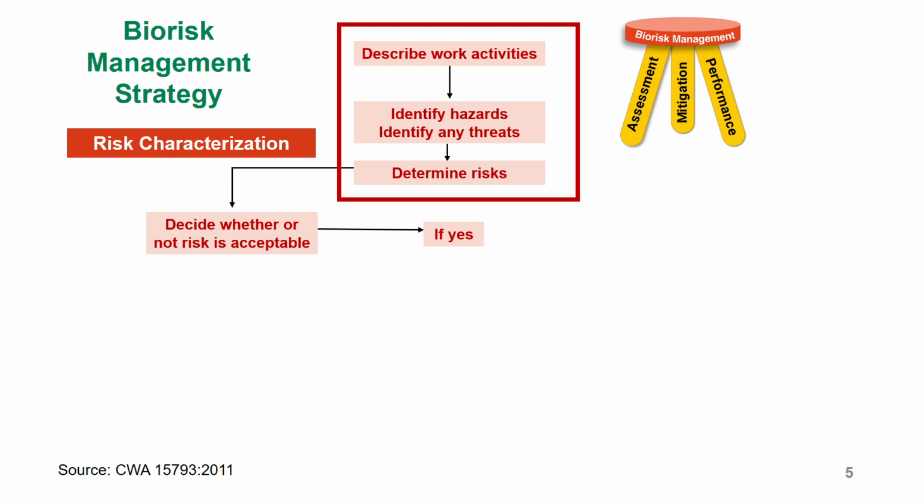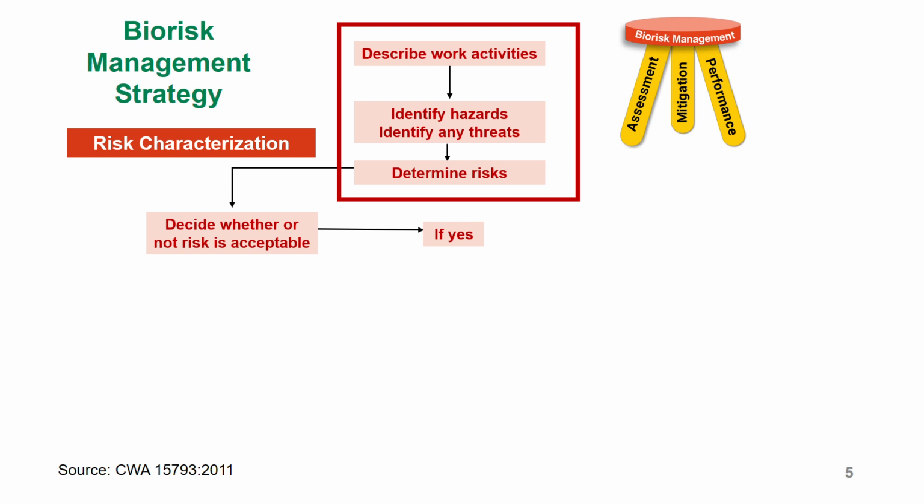But of course, before you decide whether or not the risks are acceptable, you need to bear in mind the control measures that you've already put in place as a facility. So you ask, okay, what have we done to actually either reduce or eliminate this risk? After you've considered all the control measures that you've already put in place, you then ask yourself, is this risk acceptable?